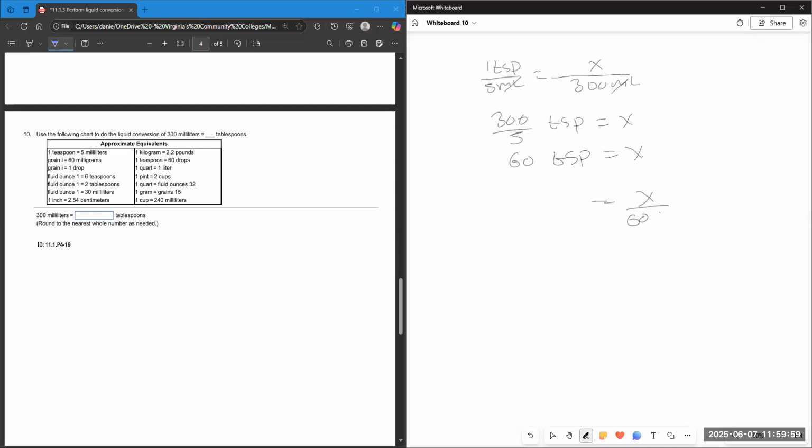X is 60 teaspoons, and there's 3 teaspoons in 1 tablespoon, and 60 over 3 tablespoons is X, and that's 20 tablespoons.